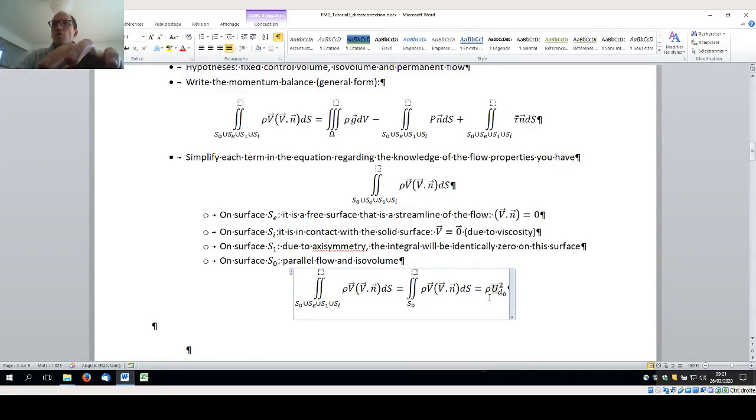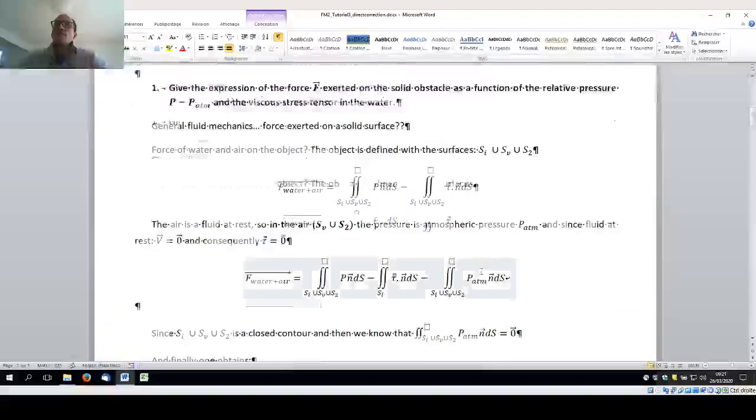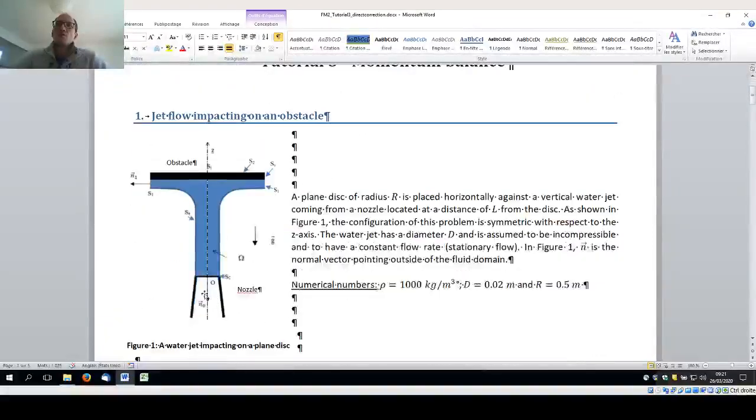So this is rho beta. So this is the use of the kinetic coefficient multiplied by the section S0, which is directed. So the velocity is in this way, the normal is in this way.